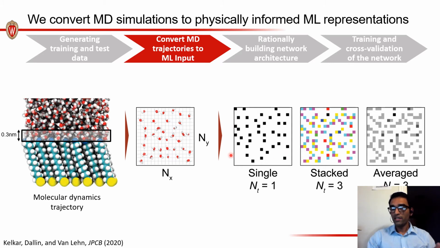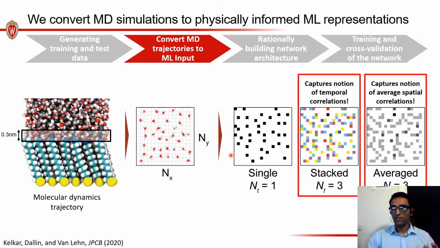What I can do is, I know that temporal correlations are important, so I can stack different frames together to give it a notion of temporal correlations, or I can average frames together to give it a notion of spatial correlations. So I have captured some sort of a notion of temporal and spatial correlations just by defining my machine learning input in that way.